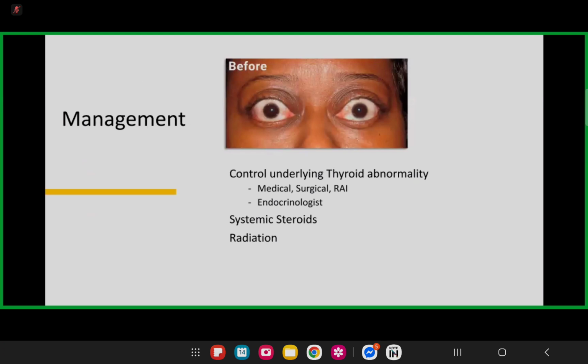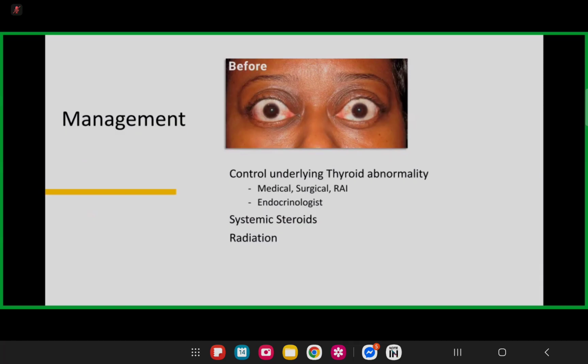So how do you manage thyroid eye disease? Number one is to keep your thyroid abnormality under control. That's the very core of management. Treat the underlying cause. In this case, it's a thyroid eye problem, so you treat your thyroid abnormality. We refer these patients to an endocrinologist.